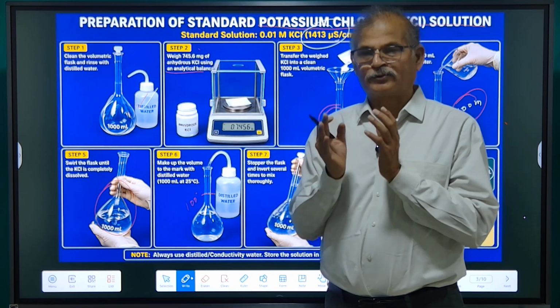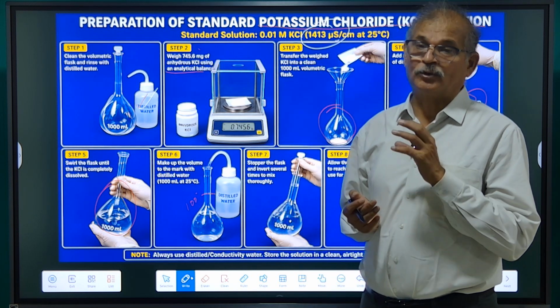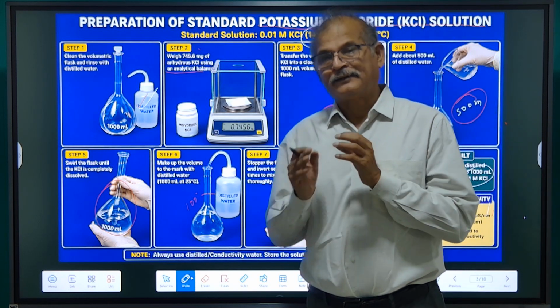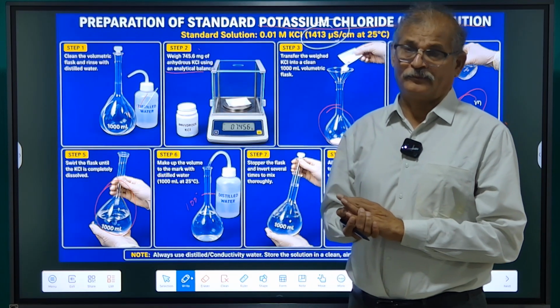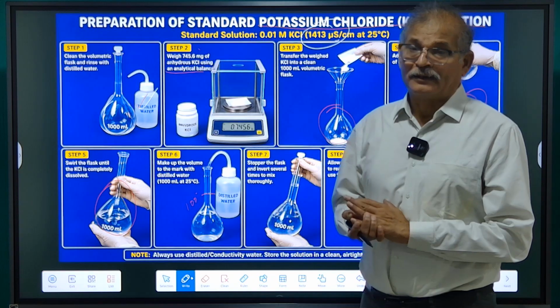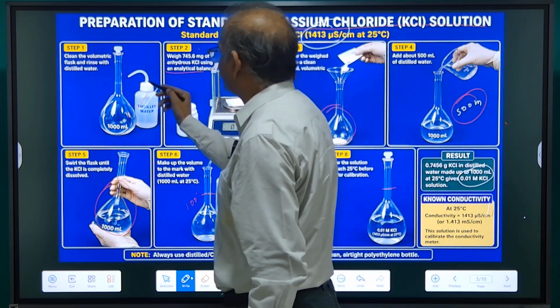This 1 liter of solution will give a molarity of 0.01 mole per liter, and it will have an electrical conductivity of 1413 microsiemens per centimeter.